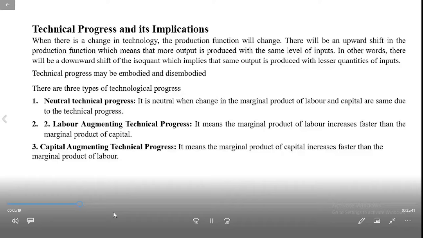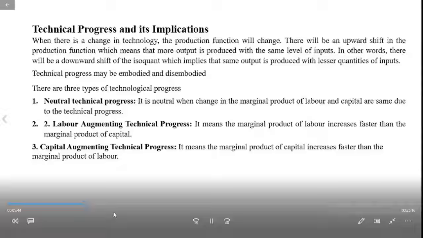See, when there is neutral technical progress, how the isoquant shifts, that I will show you later. Then the second one is labor augmenting technical progress. It means that the marginal product of labor increases faster than the marginal product of capital.